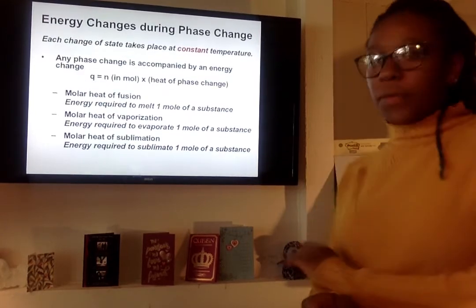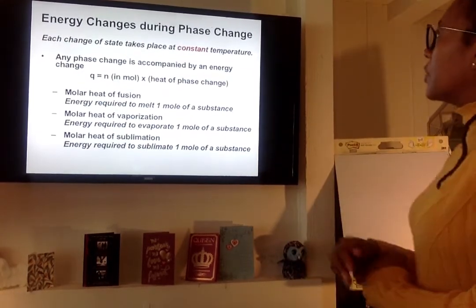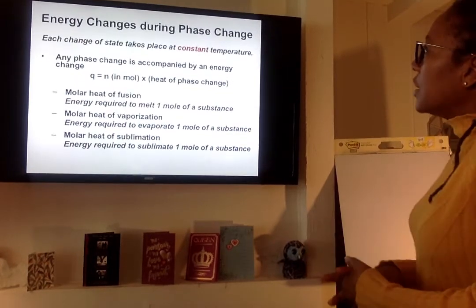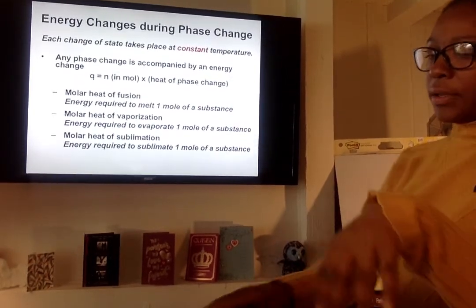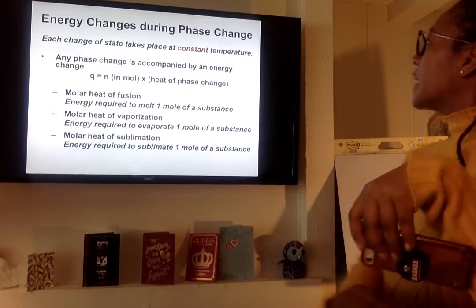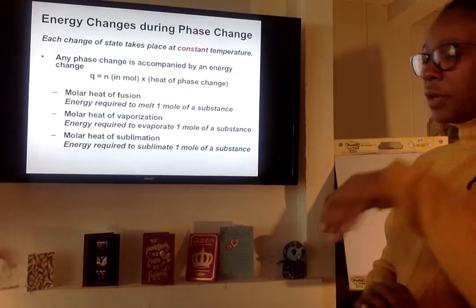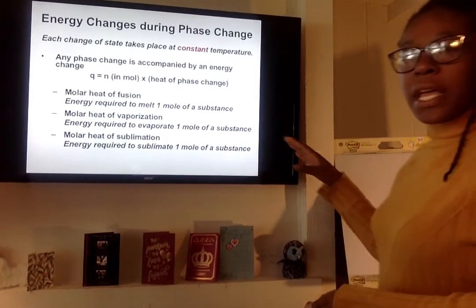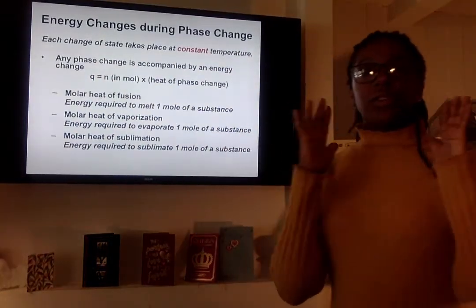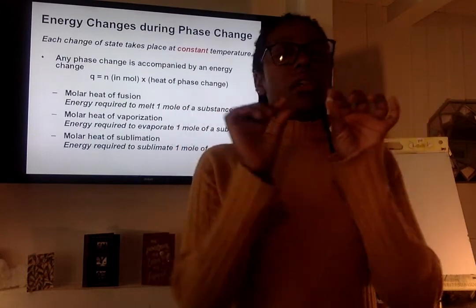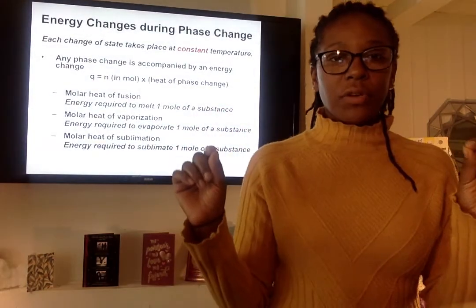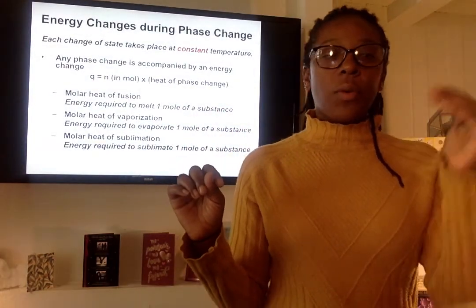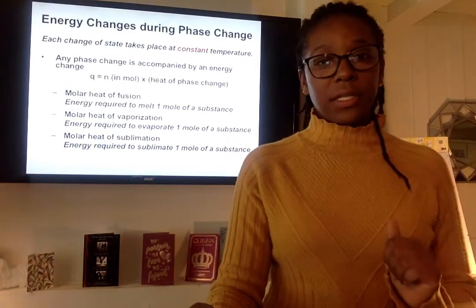Okay, so energy changes during phase change. Each change of state takes place at constant temperature. Remember how I was saying that as the state is actually changing, there's no change in the temperature? Water boils at 100 degrees Celsius.